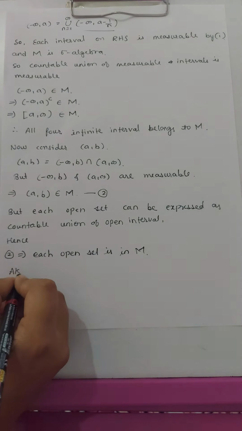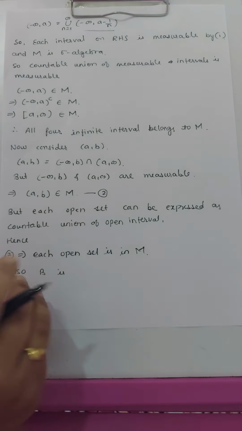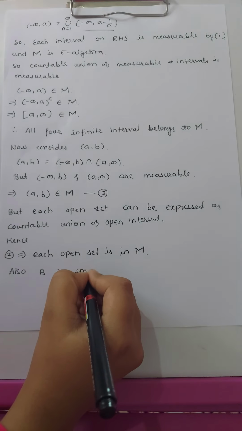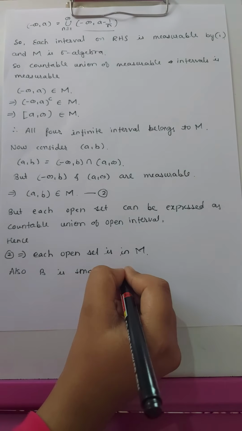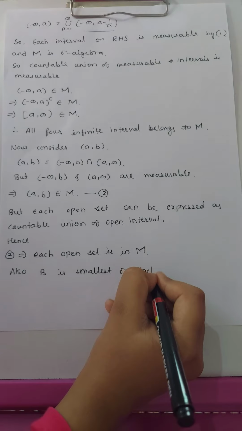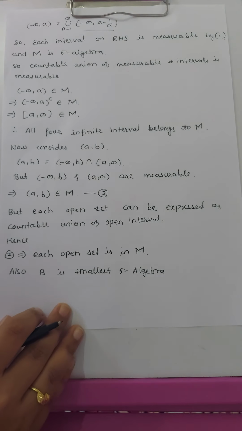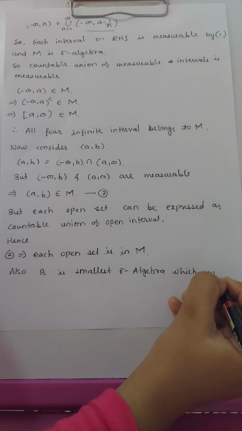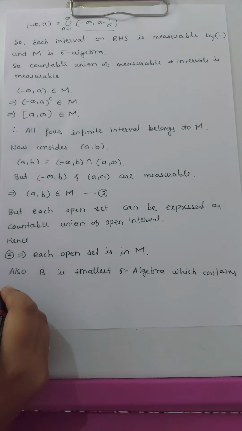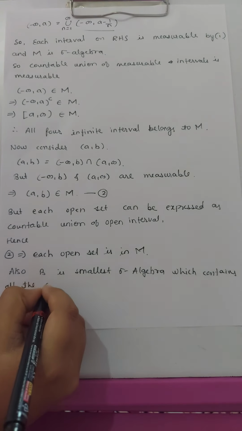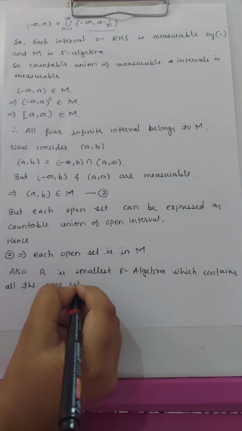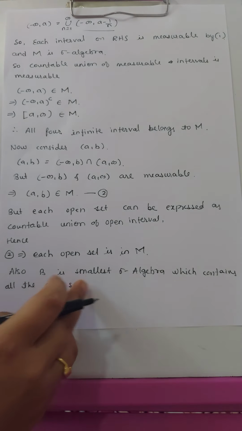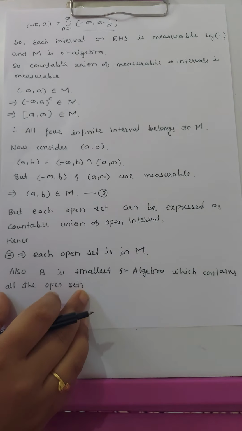Now also B is the collection of Borel sets, and the collection of Borel sets is the smallest sigma algebra. Therefore B is the smallest sigma algebra which contains all open sets as well as closed sets. So which contains all the open sets. Now we have proved that each open set is in M, and B is the smallest sigma algebra which contains open sets.